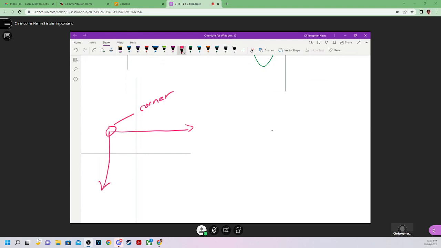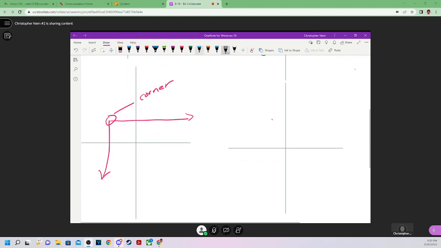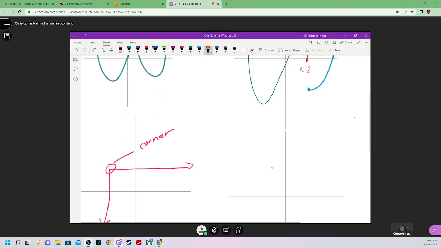There are more formal definitions of what a corner is. I'm not going to go into too much detail because that takes a lot right now. But this is the intuitive idea of what a corner is. And because it has a corner, it cannot be a polynomial. You also cannot have a cusp. If I have a cusp, it is not a polynomial.